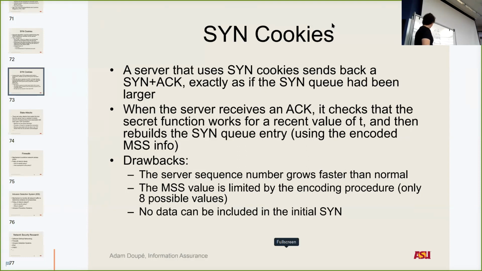And then when the response happens, you process that, you validate that A3, the ACK, has a valid sequence number, because only you can generate that hash secret. And then, and only then, do you add connection 3 to your queue, or to your internal state. Does that make sense? Any other questions on this?